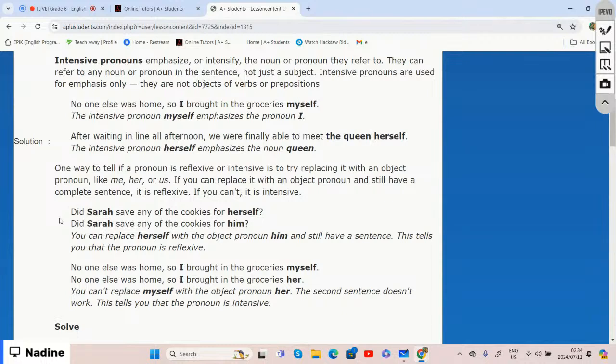Remember, with the reflexive pronoun, it refers back to the subject. So, for example, herself refers back to she, himself refers back to he, myself back to I. That is reflexive pronouns. Whereas an intensive pronoun, like the word intense, emphasizes or intensifies the noun or pronoun that they refer to.